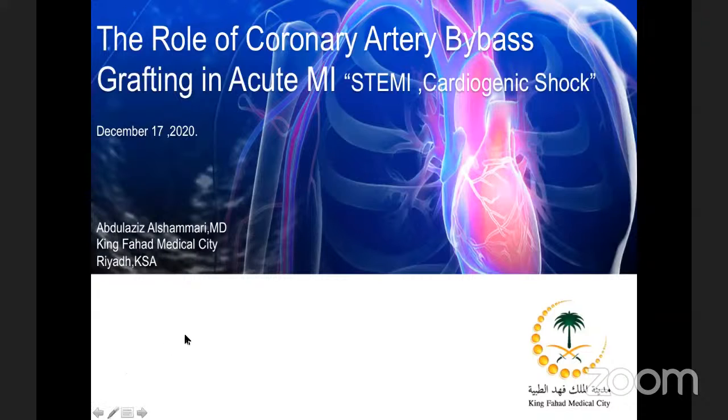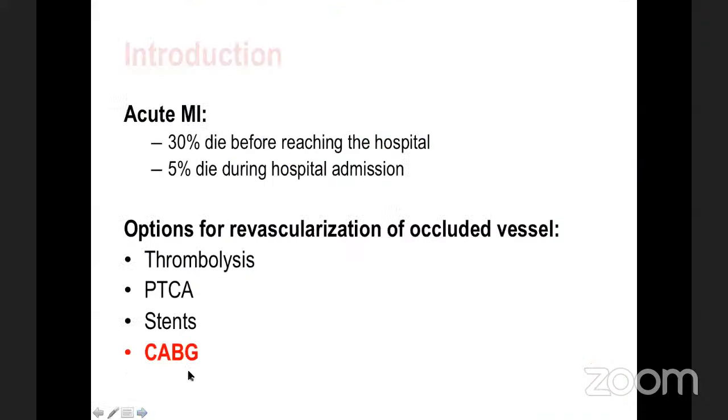As we know, acute MI causes around 30% to die before reaching the hospital, and 5% die during hospital admission. So the options for revascularization of occluded vessels include thrombolysis, PTCA, stent, or CABG. And our aim today is to talk about CABG in such patients.